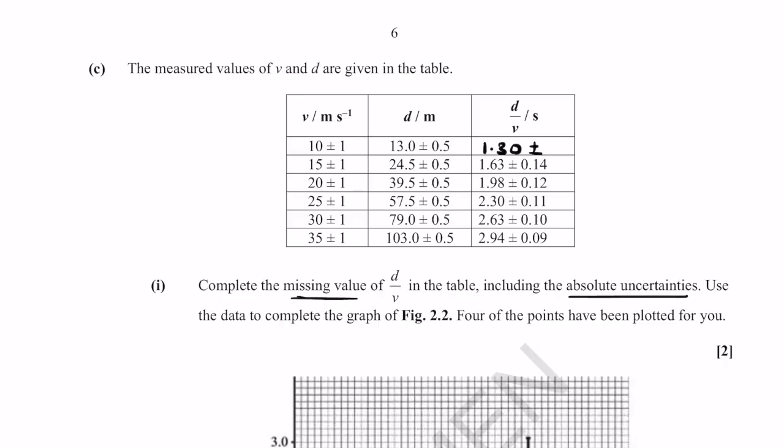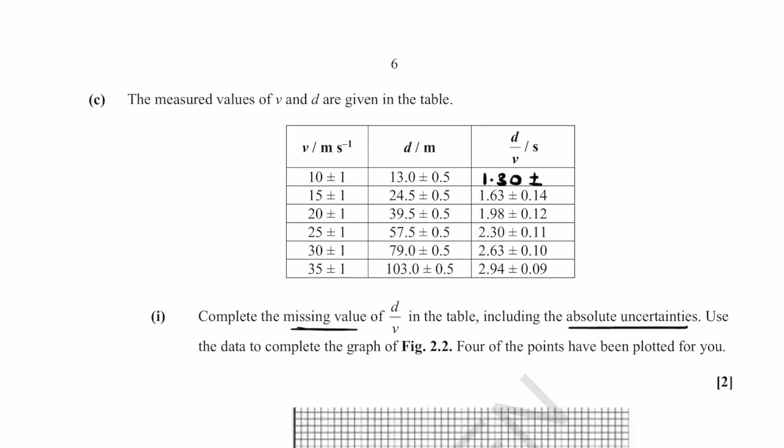To work out the absolute uncertainty, I would have to consider the percentage uncertainties. So for d, it's 0.5 over 13. And then for v, it's just 1 over 10, times by 100. And then I'm just going to times that by 1.3. Well, I can just leave it as I'm going to have to divide it by 100 anyway.